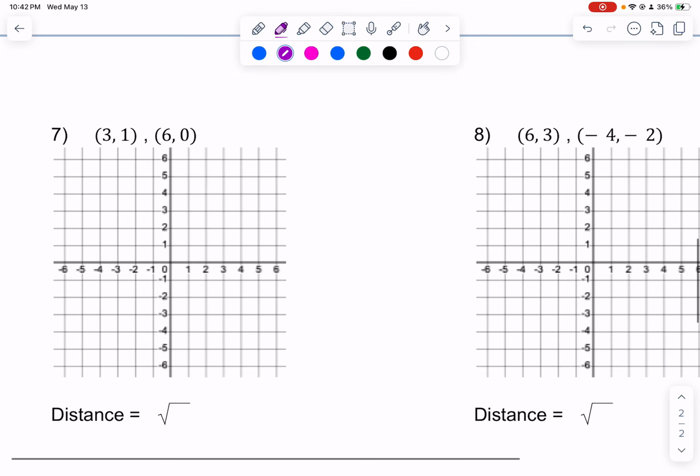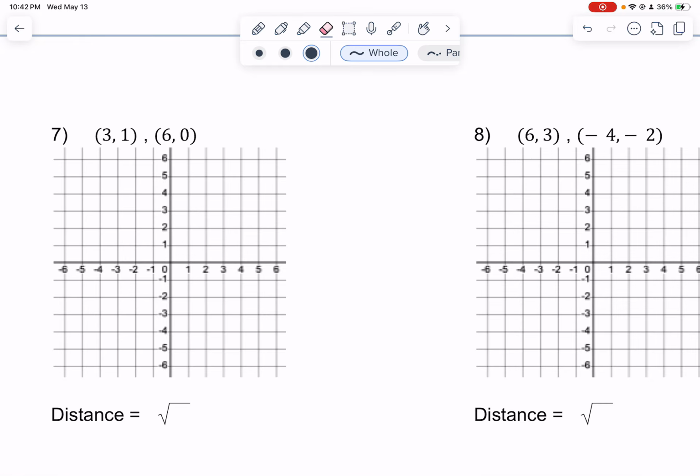For these next ones, we need to draw the line ourselves, but then complete the same process that we had been doing. So if I see 3, 1, and 6, 0, that's a nice, small, simple triangle with a 1 and a 3.